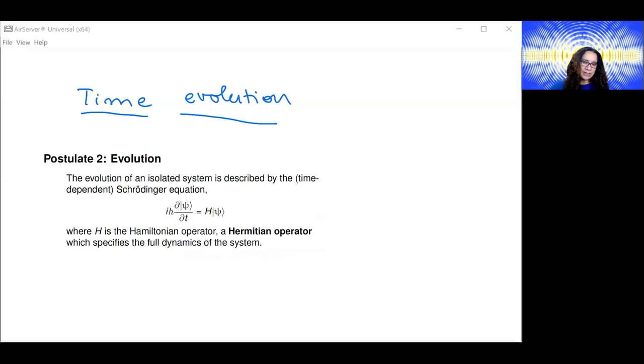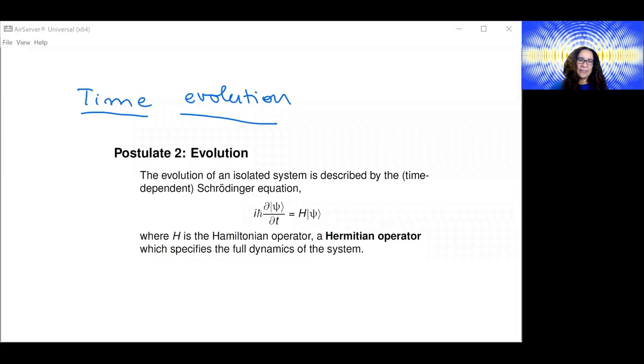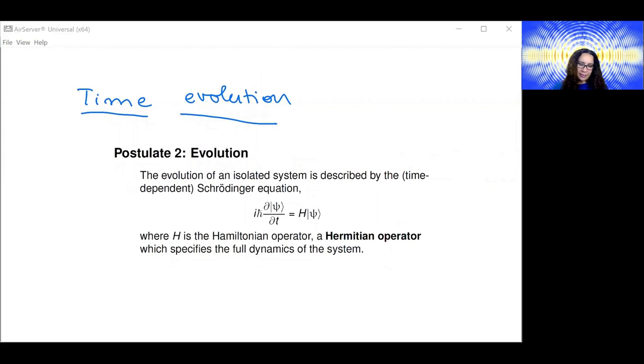So this was postulate 2, which stated that the evolution of an isolated system is described by the time-dependent Schrödinger equation, which is something we all are familiar with, where H is the Hamiltonian operator, which is a Hermitian operator specifying the full dynamics of the system.